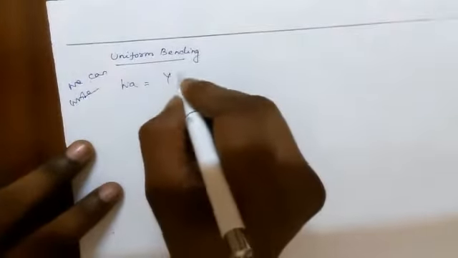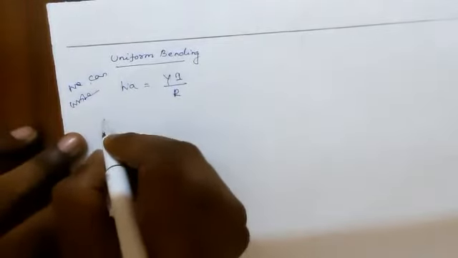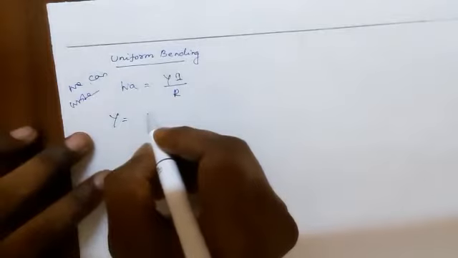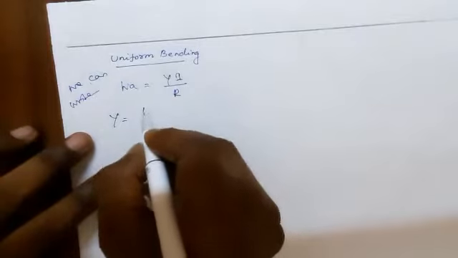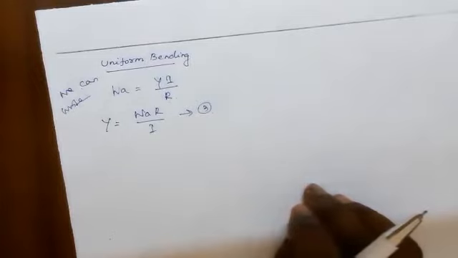Now, from equations 1 and 2, we can write WA equal to YI divided by R. Young's modulus Y equal to WAR divided by I. Equation number 3.